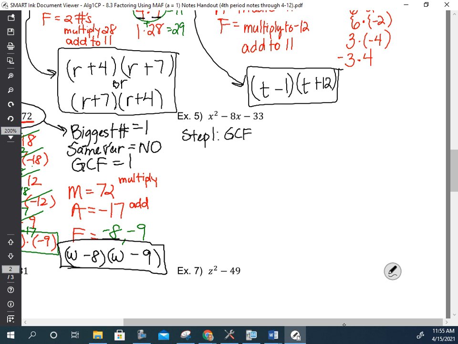We look for the biggest number. There's a 1 in front of x squared, there's an 8, and there's a 33. So we first have to ask ourselves, is there anything that will divide into 1, 8, and 33? And of course that answer is no. There's nothing that divides into all three of them. So your biggest number is 1.